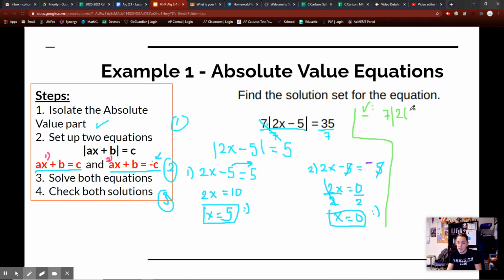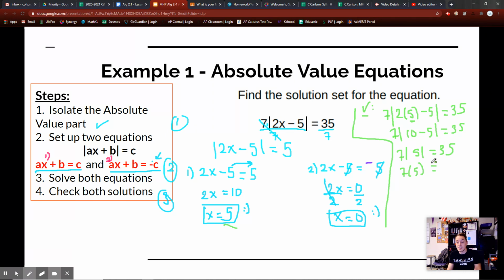So if I plug in 5 here, remember, I'm plugging in 5 for x because that's what I found, this is 7, absolute value of 10 minus 5, equals 35. What is the absolute value of 5 here? Well, the absolute value of 5 is 5.